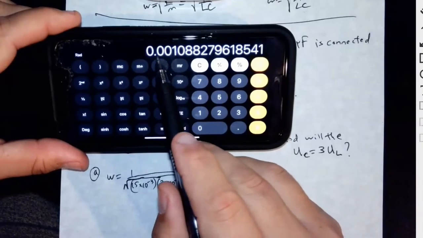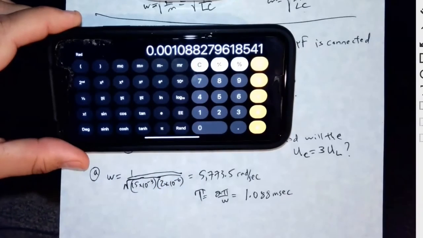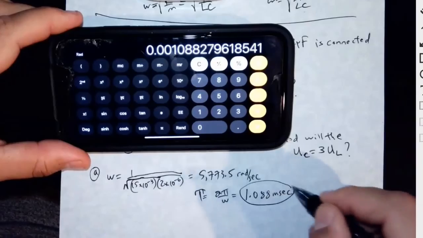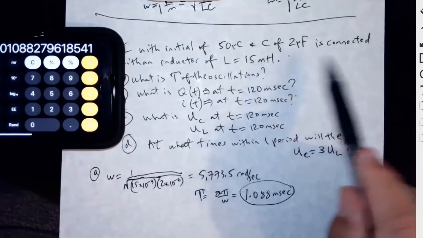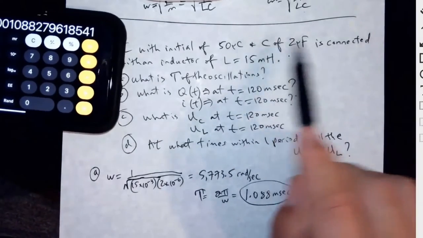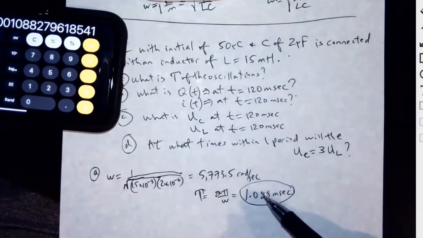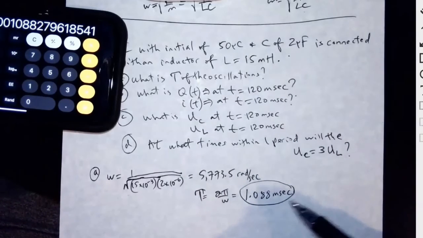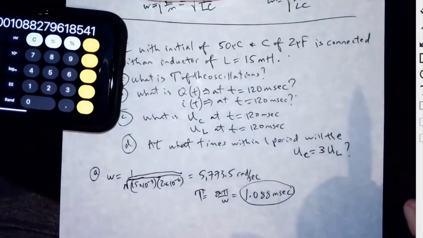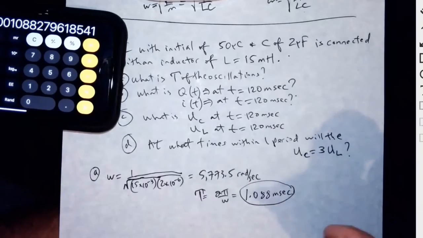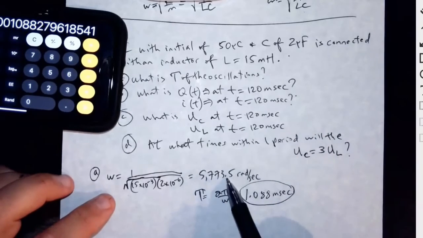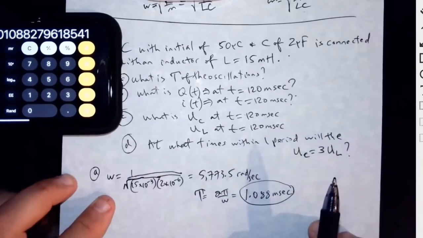So that's the period of the motion. In other words, they're going to exchange charge and energy every 1.088 milliseconds. It's oscillating very fast, a very high frequency and very short period.